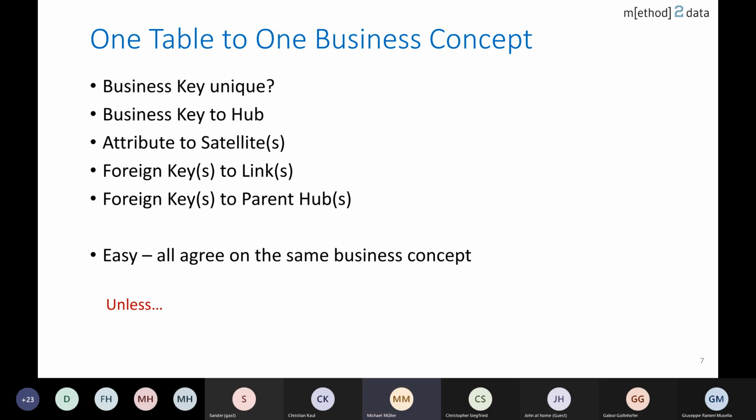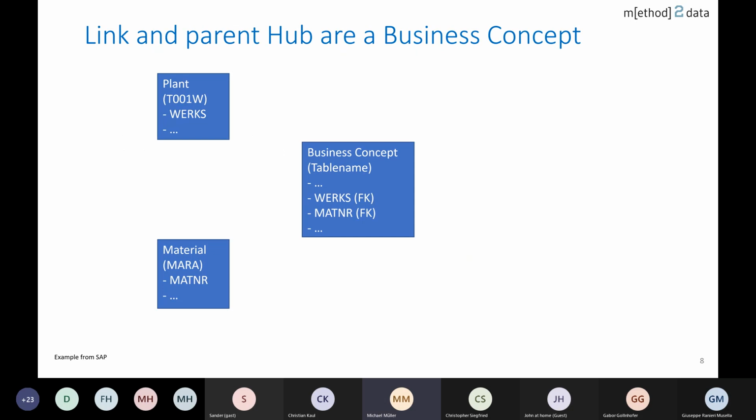the trouble can come very fast, because the link and the parent hub are a business concept. This is an example from SAP. Usually when I work with SAP production data, I always have the plant where it is produced. It's just a SAP text table, but business always wants to see the plant.